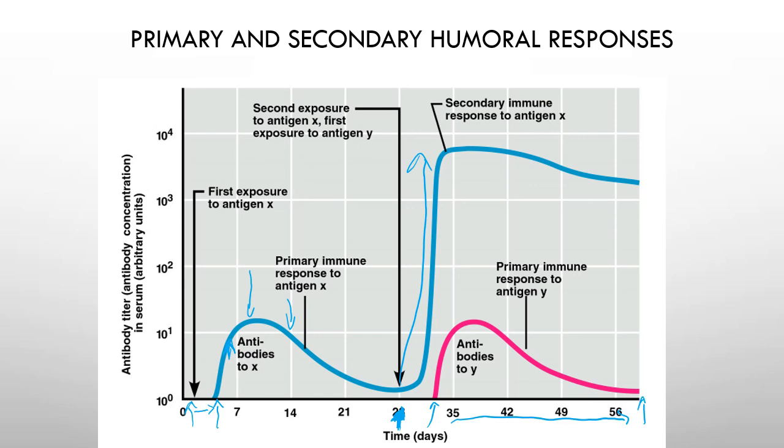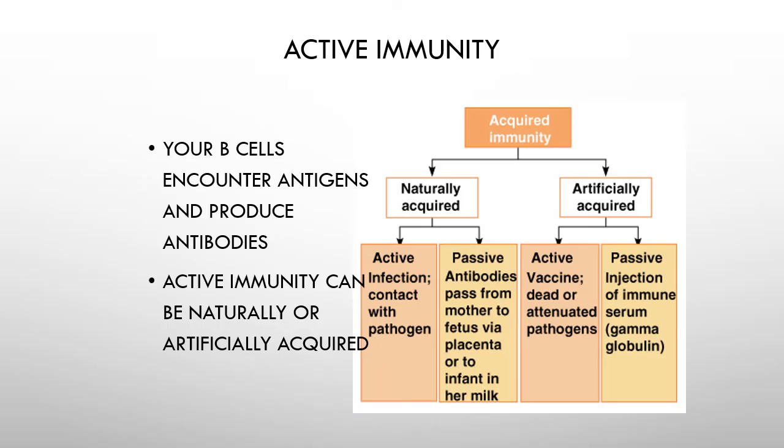If we should happen to come across it again, we're then going to increase those numbers once again, and then they're going to fall off. This extended level of increased antibody formation is what then gives us that longer term immunity. If that amount ever gets back down to 0, then we may not recognize that particular infection again.